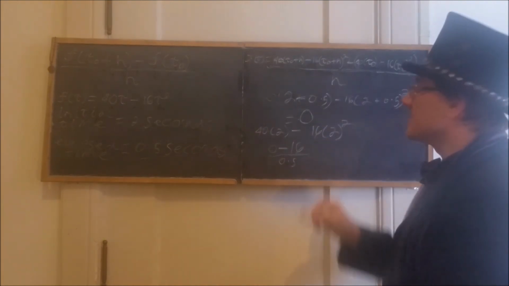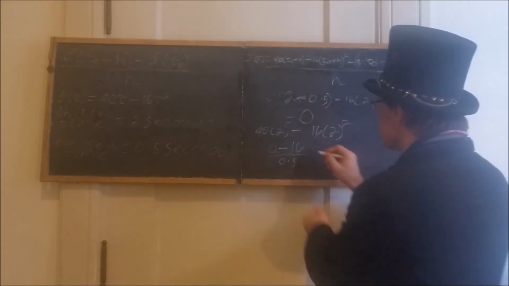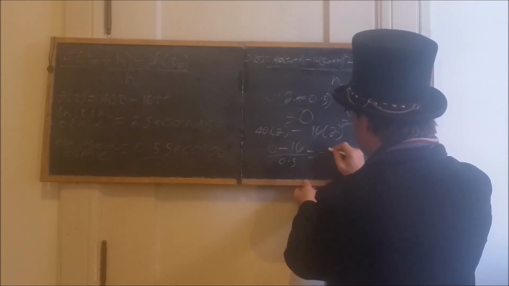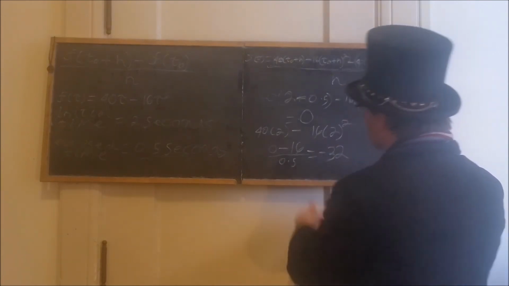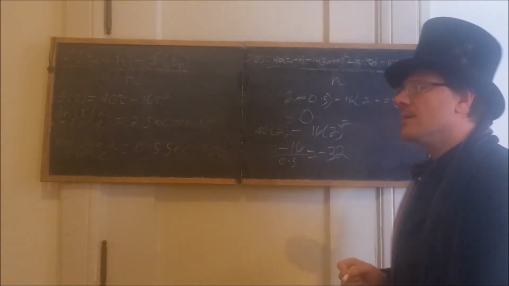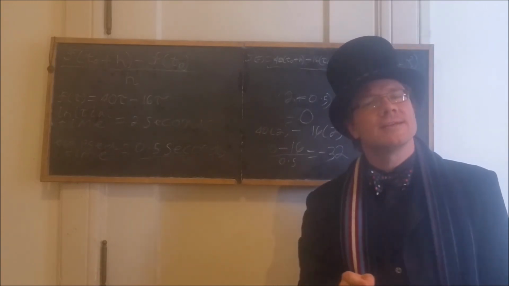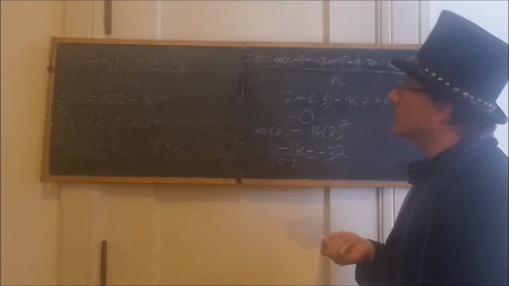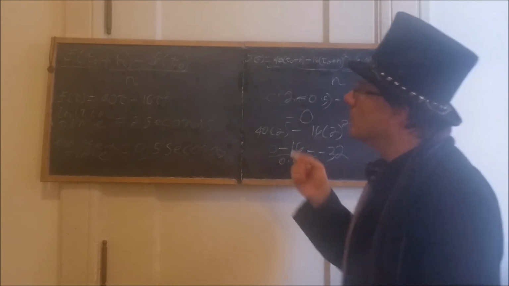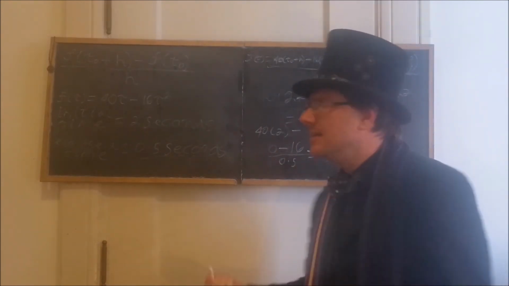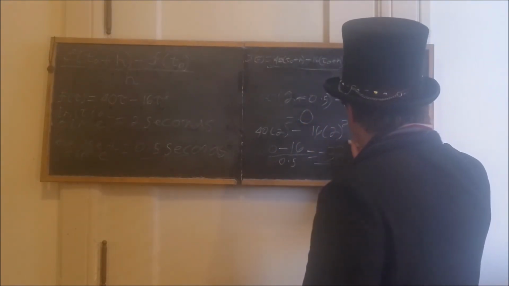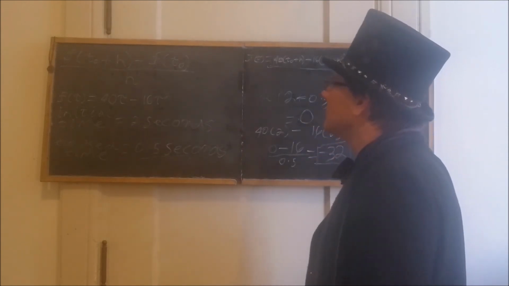Okay, so negative 16 over 0.5 seconds gives you negative 32. And what does negative 32 represent again? What were we looking for? Oh, yes, right. We were looking for average velocity. So that's what that is right there. That is our average velocity.